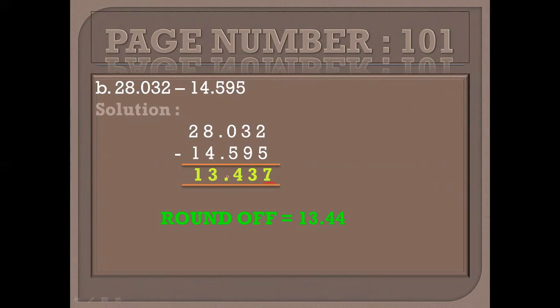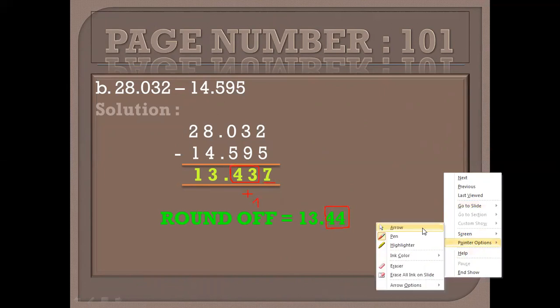Again, on the thousands place 7 is there, and 7 is greater than 5. So we give 1 increase in the previous number, which is 43, and this becomes 44. 43 will be changed into 44.